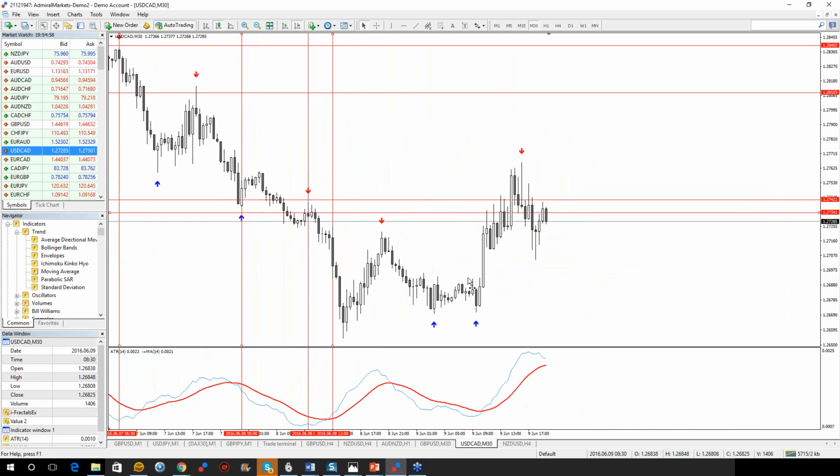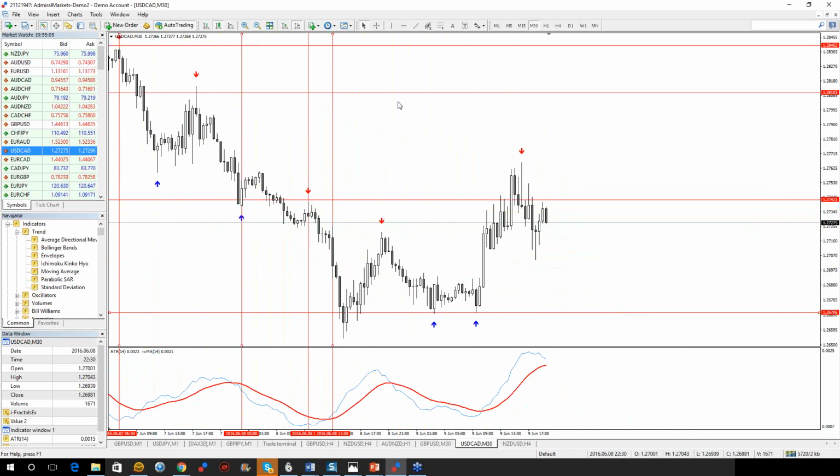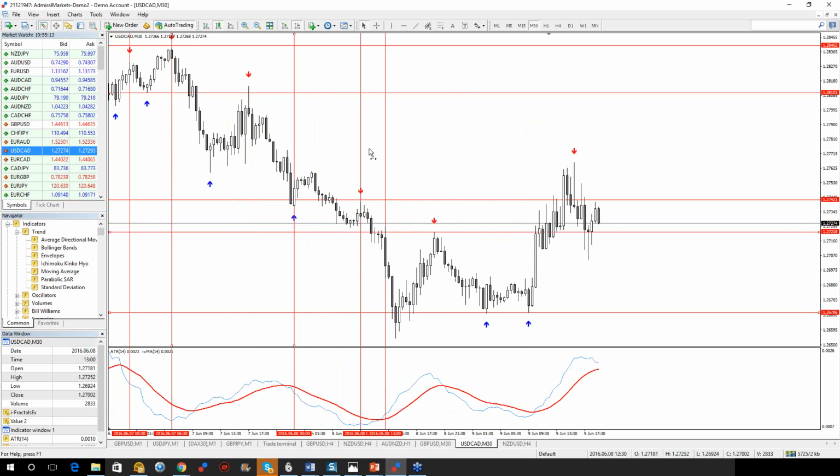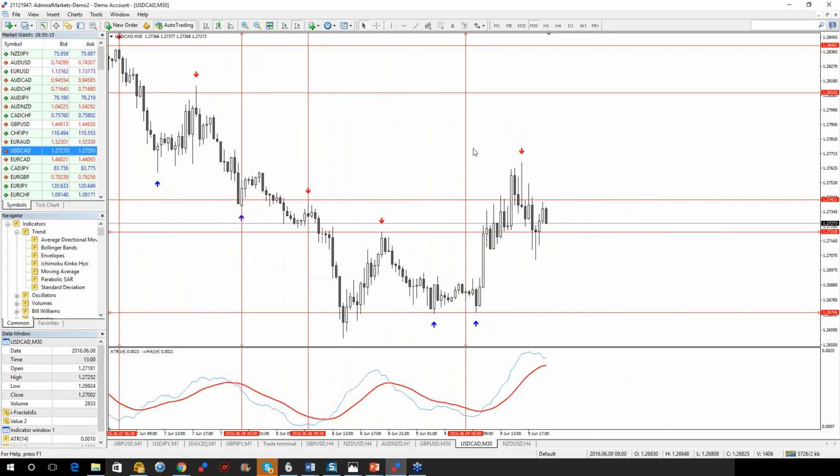Same here, guys, same here. Swing low, swing high here, and here the ATR started to go above this EMA. Here, you see, you go to the upside.